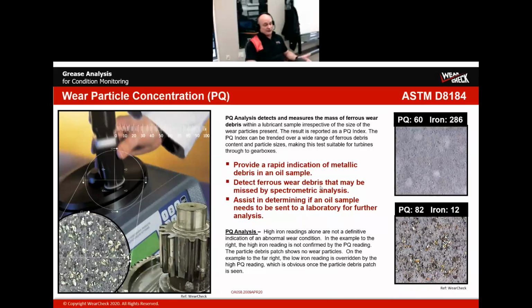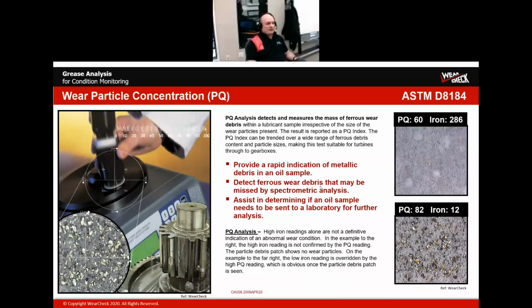And that's what a spectrometer is looking at. So the spectrometer is really blind to large particles. Some wear modes don't produce small particles when there's an abnormal wear mode, things like rolling contact fatigue, which we tend to see in anti-friction bearings and rolling applications.